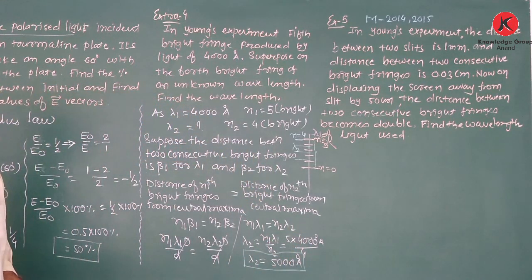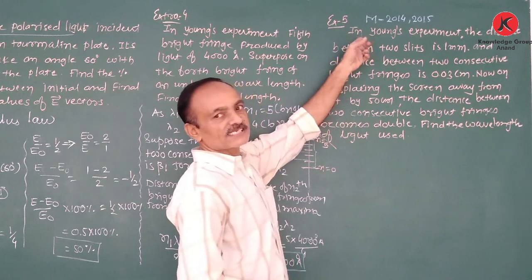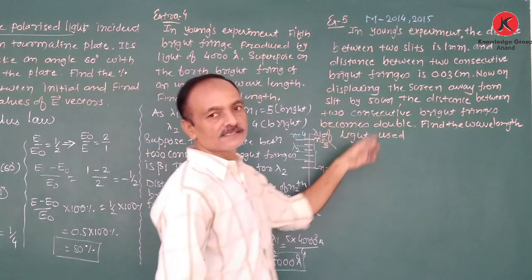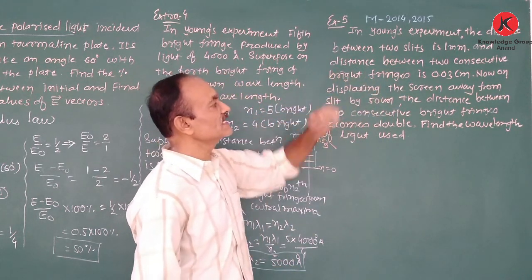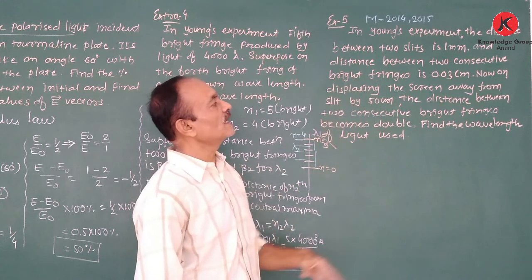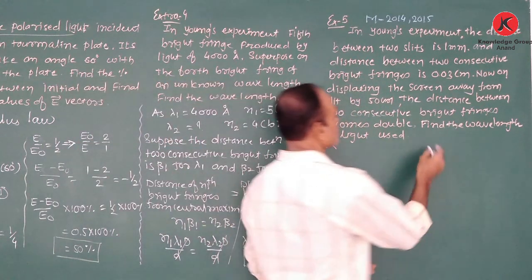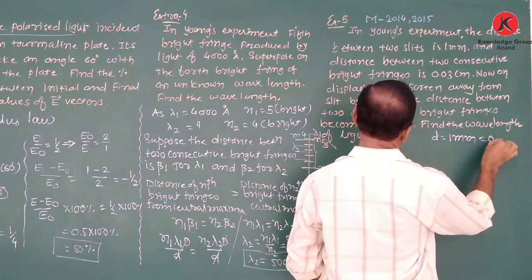Now, the last numerical that was asked in 2014 and 2015. In Young's experiment, the distance between the two slits is 1 millimeter and the distance between two consecutive bright fringes is 0.03 centimeter. So here what is given? Small d is given as 1 millimeter, therefore 0.1 centimeter.